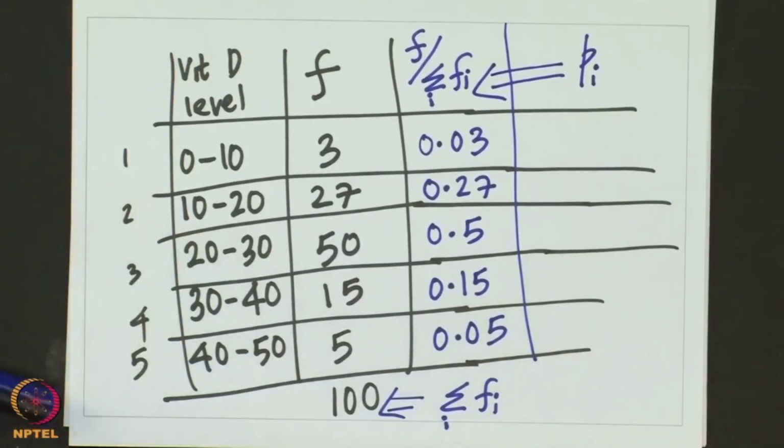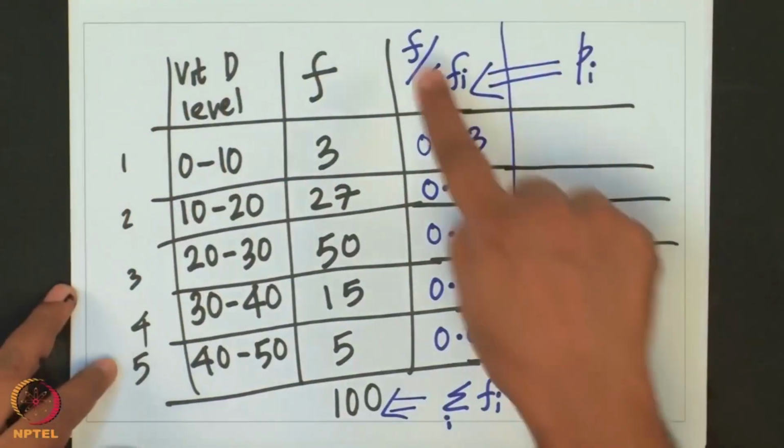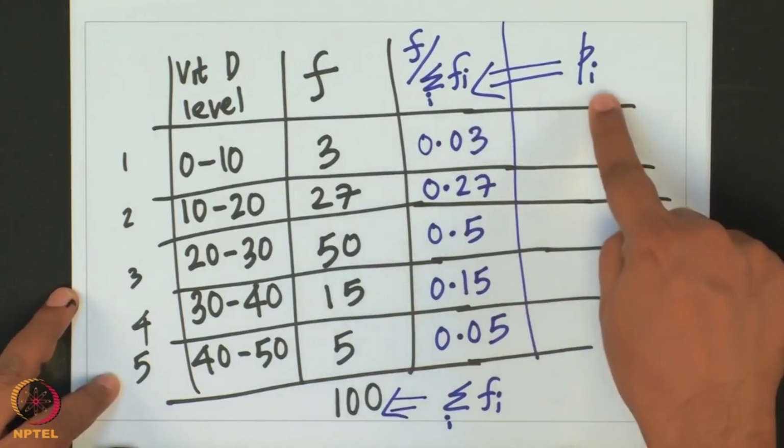For all the purposes of this course, we will define probability in this way. There are some other mathematical concepts that go into this, which we would discuss in this particular course, but for practical purposes, the frequency F divided by sum over Fi is Pi.